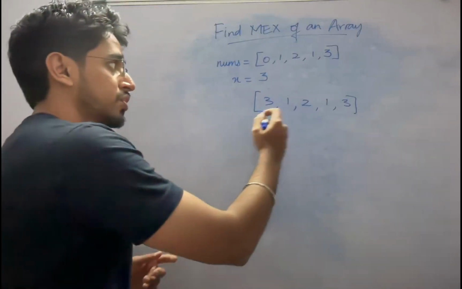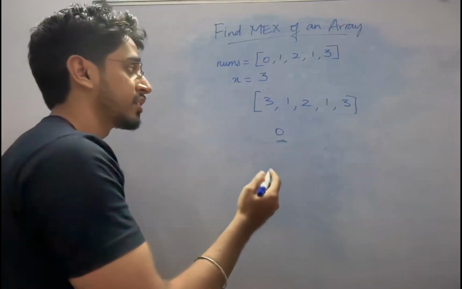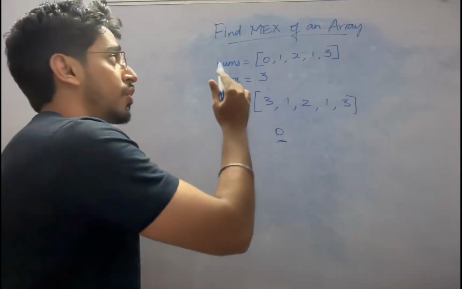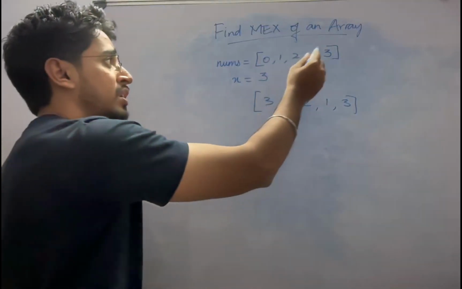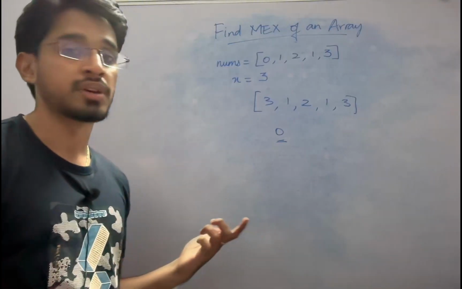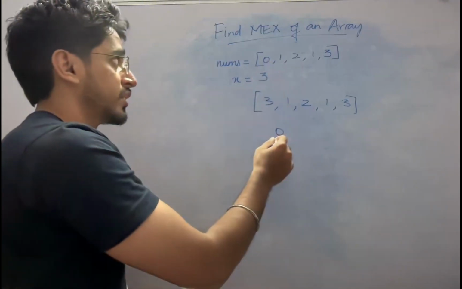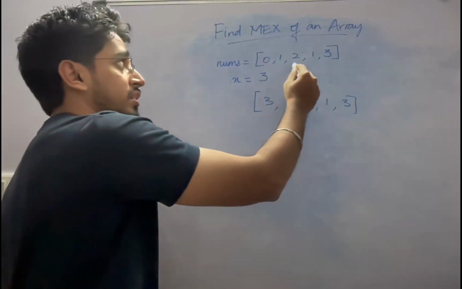You see that 0 is not there within this array, so I need to return 0 here. But we need to check which one is greater. We need to check for all possible values. So I add 3 to 0, giving 3, 1, 2, 1, 3 and then check the mix, which in this case is 0. In our previous case it was 5, and we need to check for the other 3 values as well.